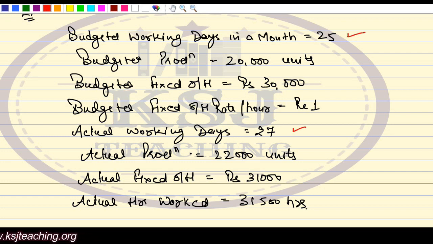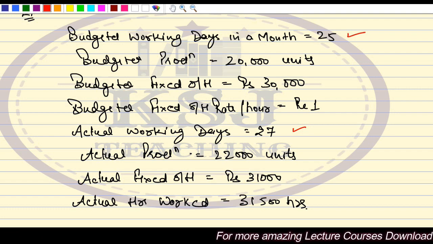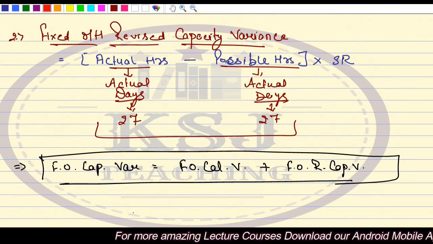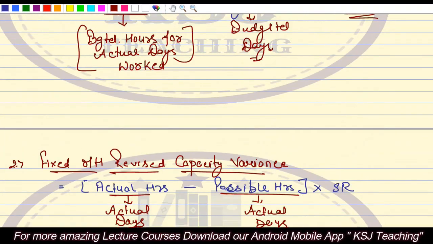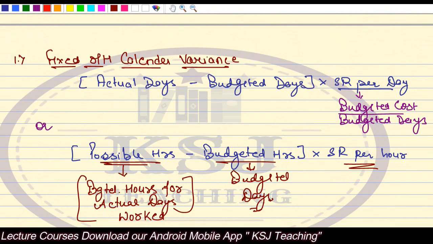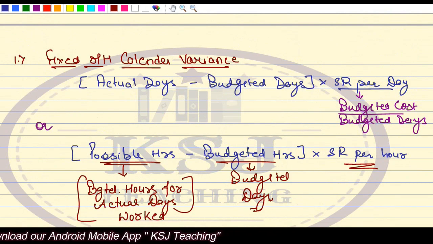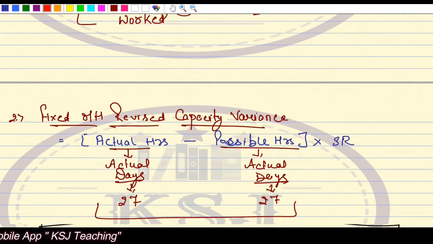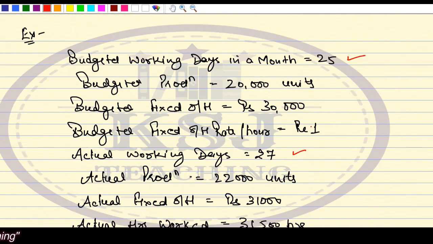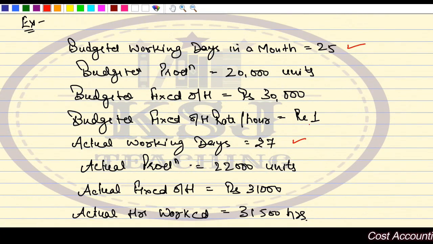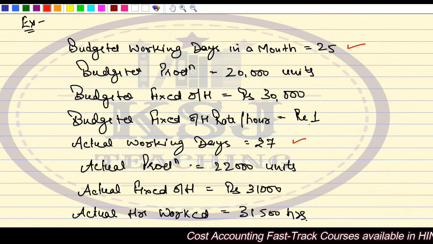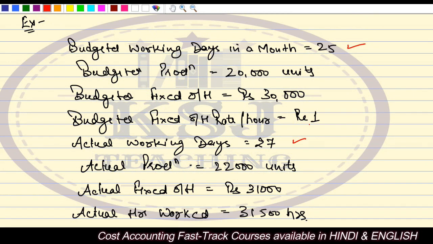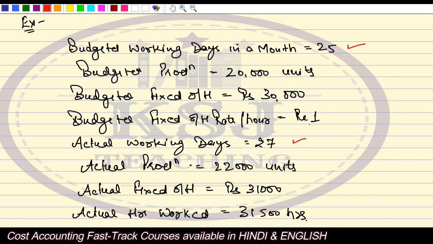If these two figures are not given, you cannot calculate the revised capacity and the calendar variance. So always remember, only if the budgeted working days and the actual working days are given in the question can you calculate the calendar and the revised capacity variance. Clear?